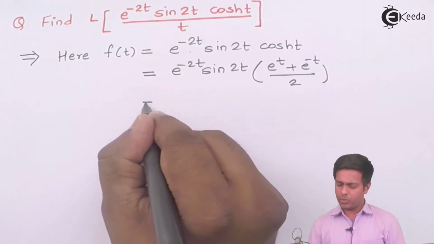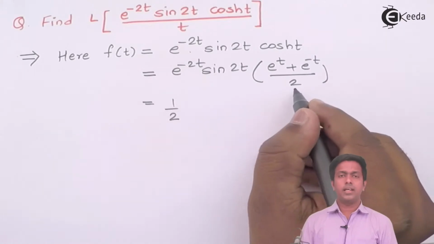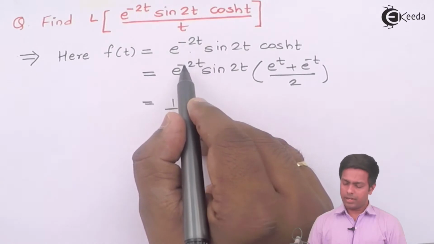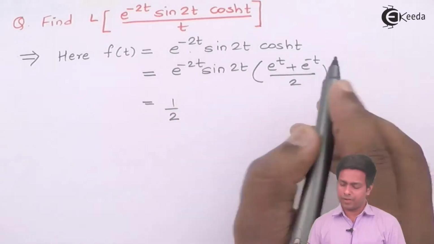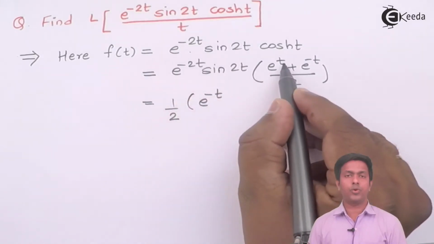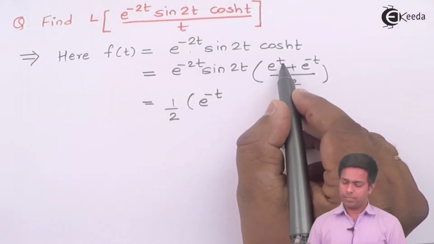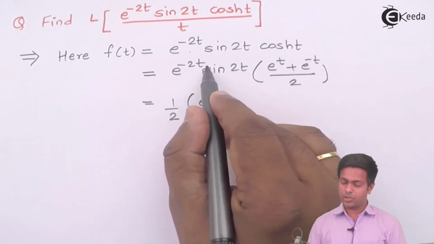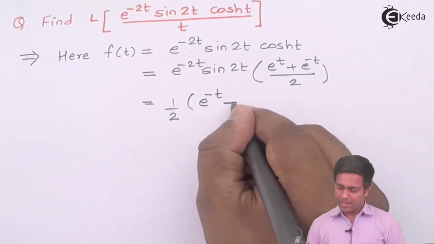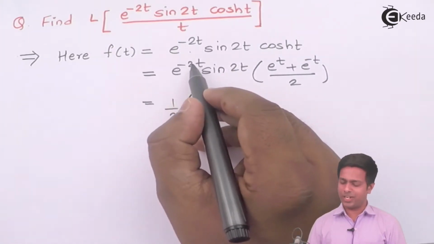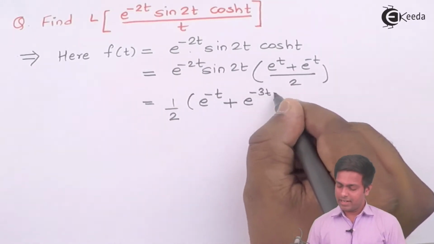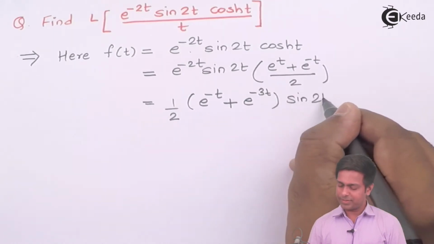Now guys, 1 by 2 is a constant, I'll take it outside. This e to the power minus 2t will multiply the bracket. Here we will get e to the power minus t, because e to the power minus 2t into e to the power t is e to the power minus t, plus e to the power minus 2t into e to the power minus t is e to the power minus 3t, into sine of 2t.